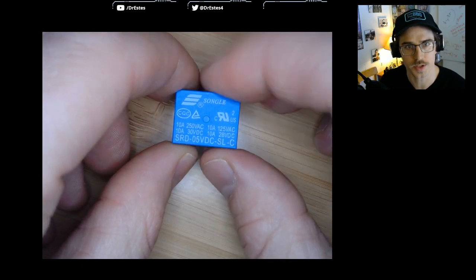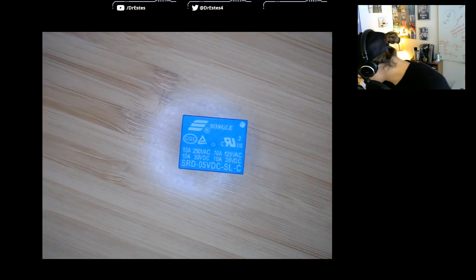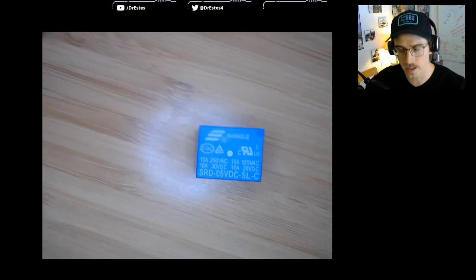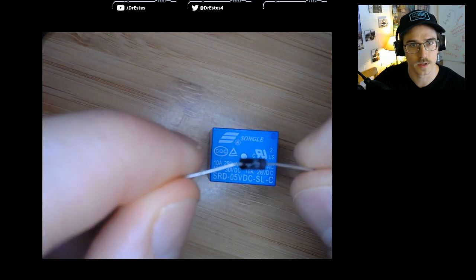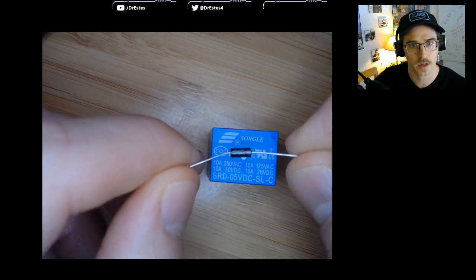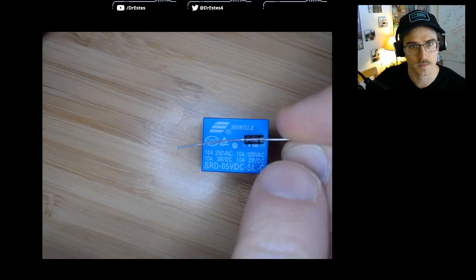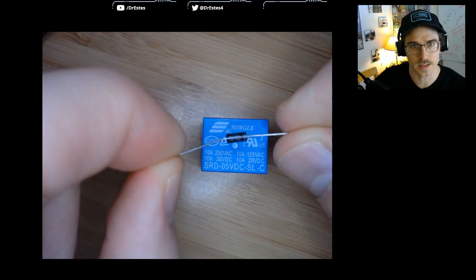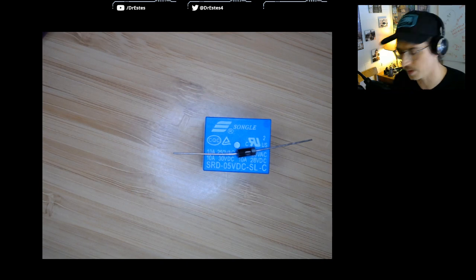You don't want to just use this on its own. You need a diode, which you also have in your kit, which looks like this. Kind of looks like a resistor a little bit, but on the end, it has this gray stripe, which indicates the directionality of this.